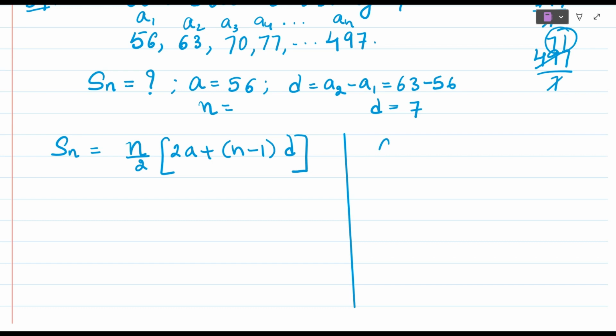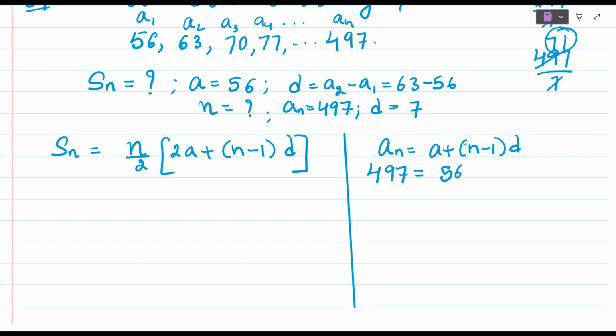What is the formula for an? an is equal to a plus n minus 1 into d. The given an is 497. So 497 will be equal to 56 plus n minus 1 into 7.